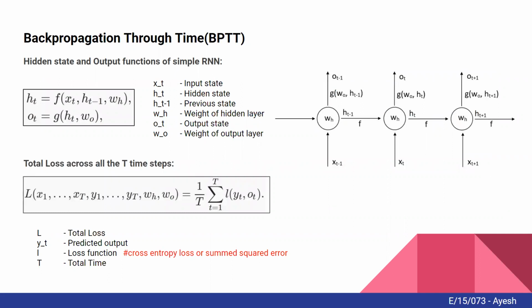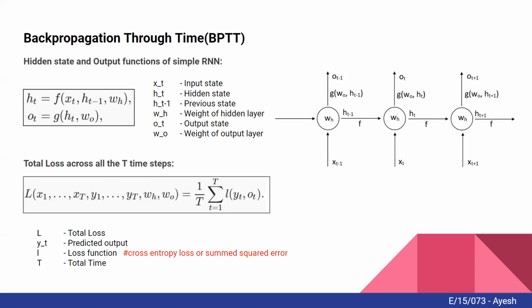Backpropagation through time can be explained by these functions. As we know, the current state is a function of the input and the previous state, weighted by the weight of the hidden layer. The output can be given by a function which includes the current state and the weight of the output layer. It can be shown in a single figure like this.